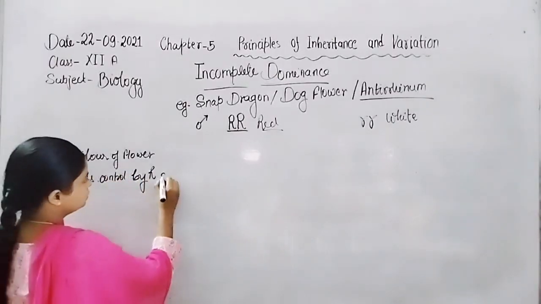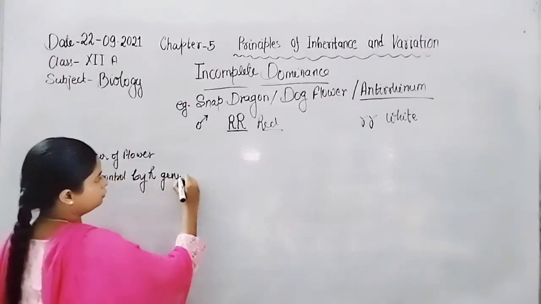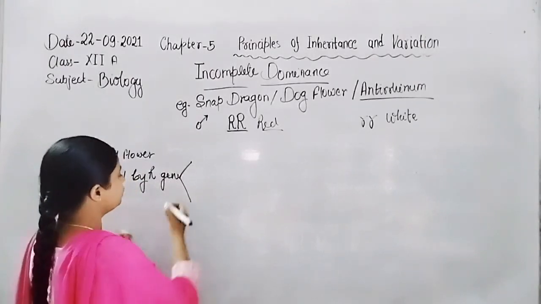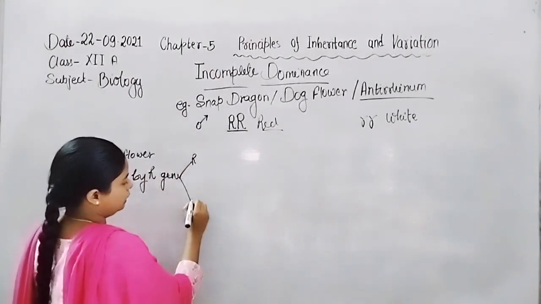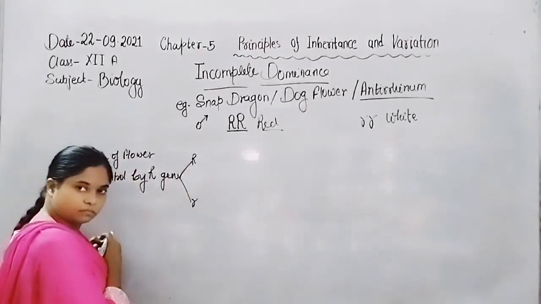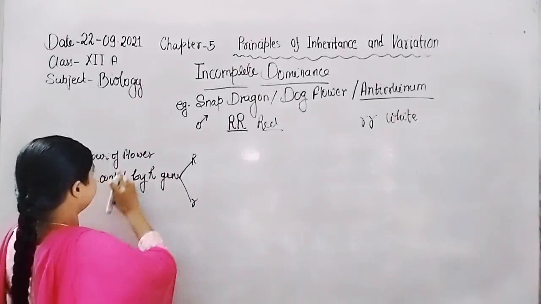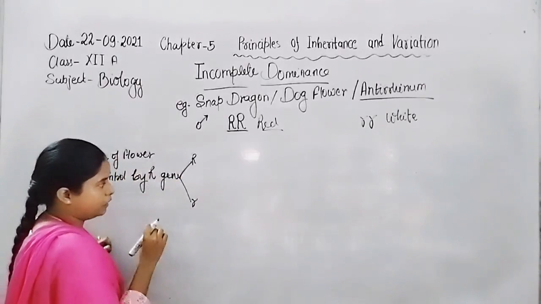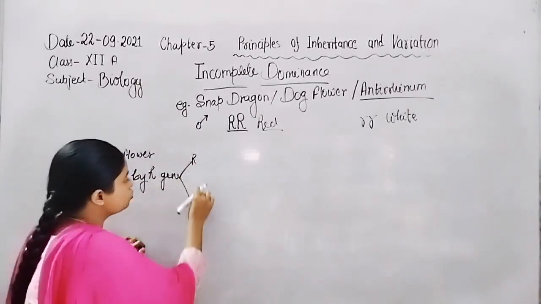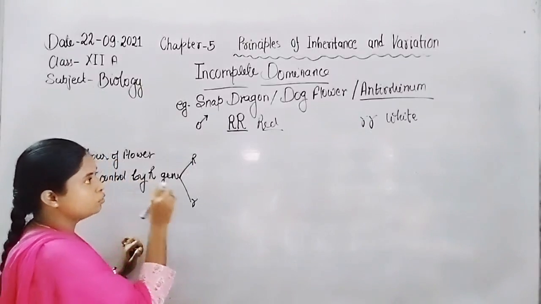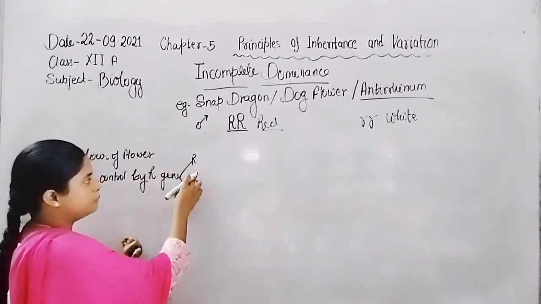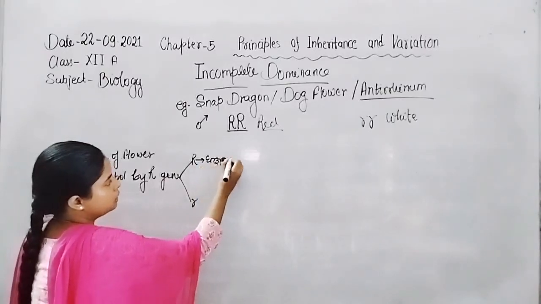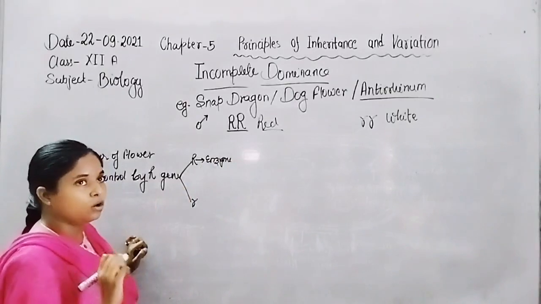The color of the flower is controlled by the R gene, which may have both alleles of the same type or of different types. So one is capital R and one is small r. The R gene has two alleles. These two alleles together control the color of the flower, where if capital R is present, it makes an enzyme that converts the flower into red in color.